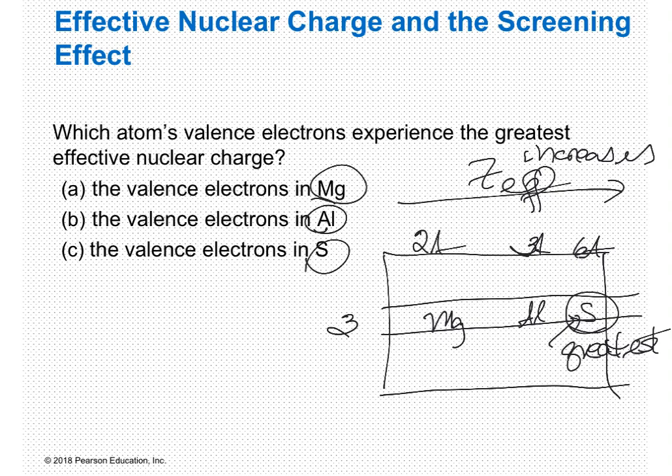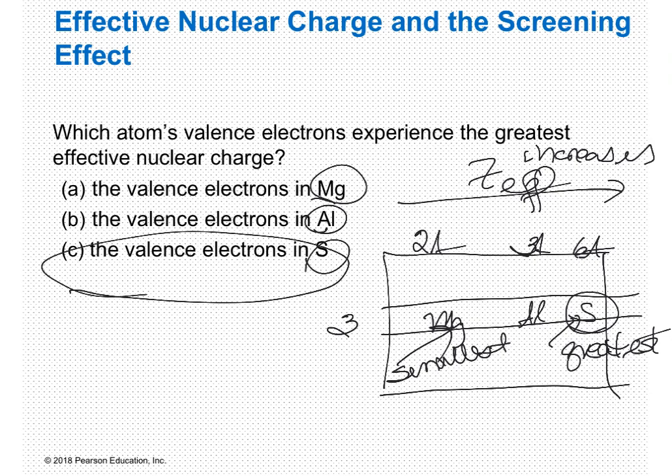Therefore, you can think of it as creating a greater magnetic attraction to the electrons. And magnesium has the fewest protons, so the least strong effective nuclear charge on its electrons. So magnesium's the smallest, sulfur's the greatest, so the correct answer would be C.